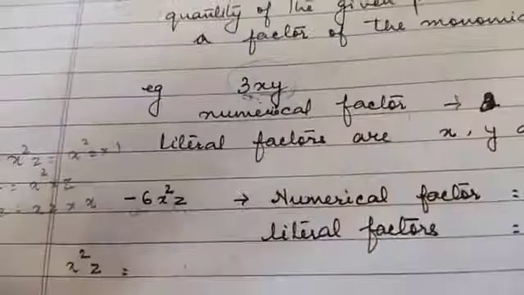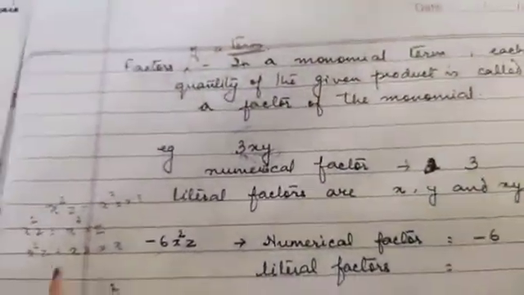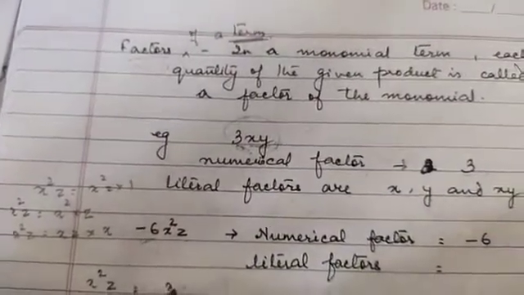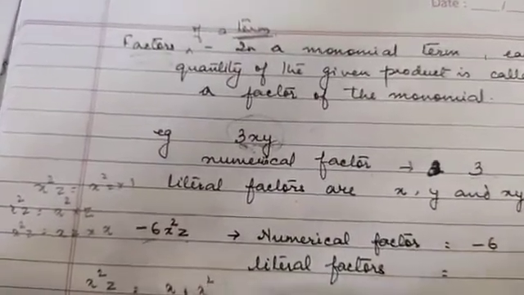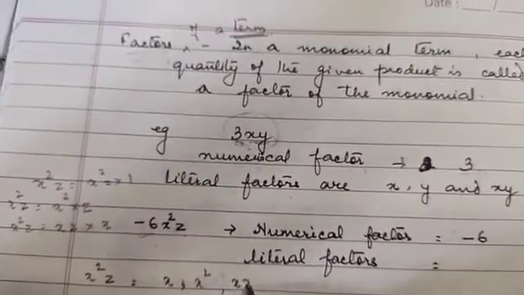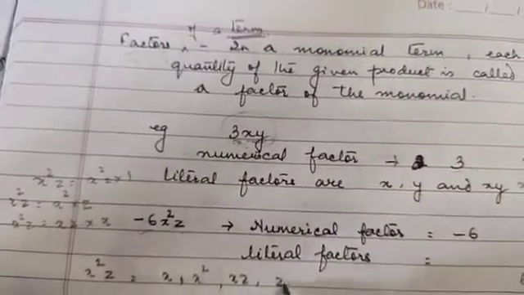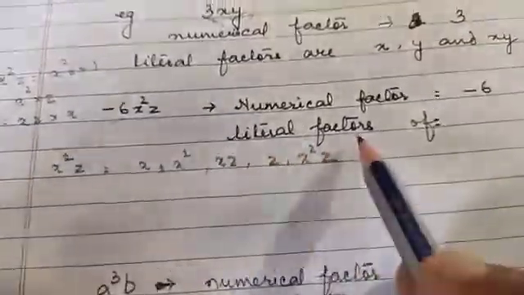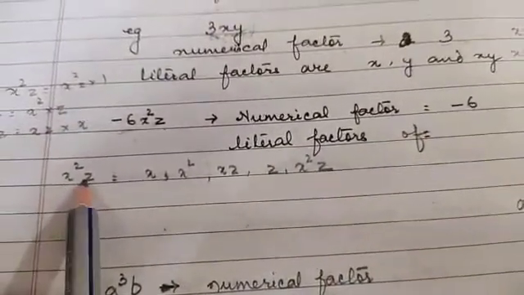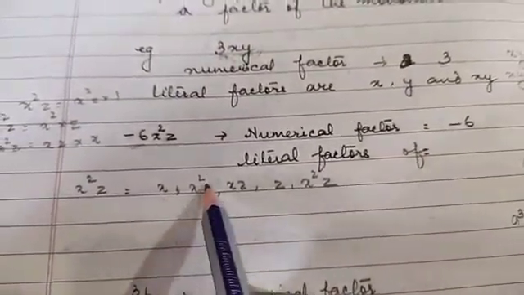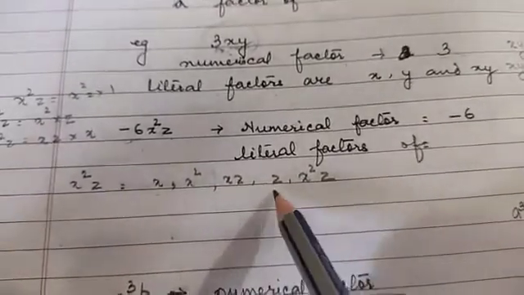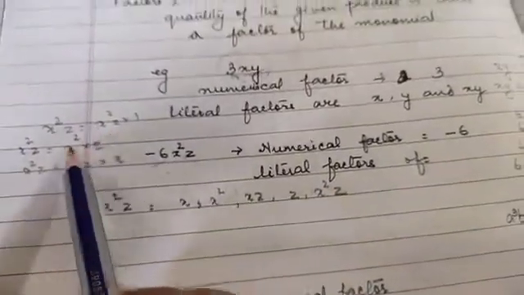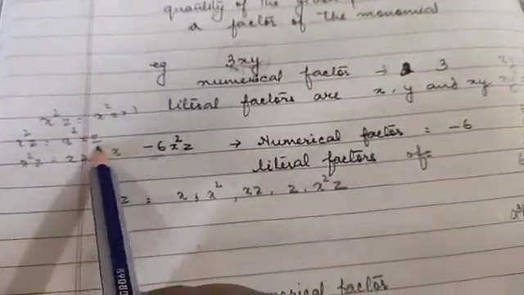Right? So what are the factors we are having here? We are having x square, xz, z and x square z. So the literal factors of x square z are x square, xz, z and x square z. Okay, 1, 2, 3, 4, 5.